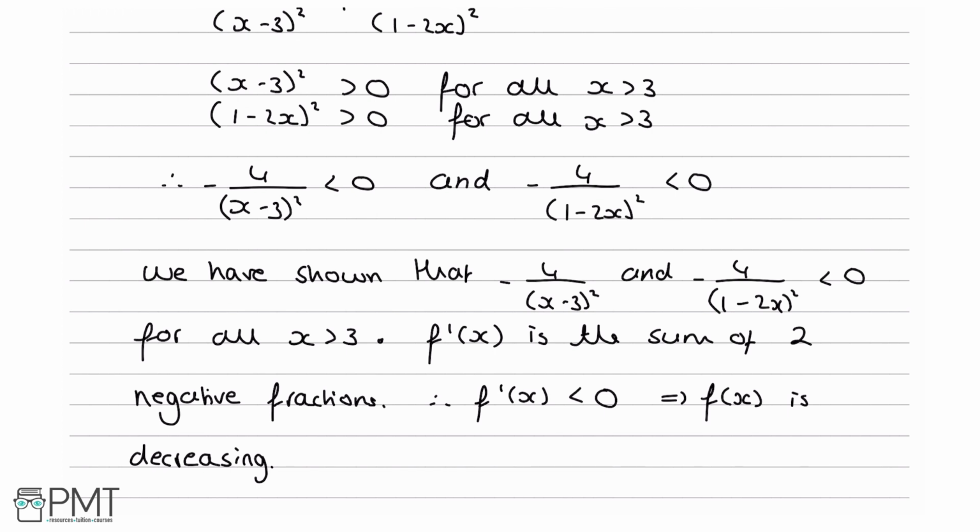That means explicitly stating that x minus 3 squared and 1 minus 2x squared are both greater than 0, and since the derivative of f(x) is the sum of two negative fractions, it means the derivative of f(x) is also always going to be less than 0, and using that to imply that f(x) is decreasing. So using the definition of a decreasing function in relation to its derivative gets us our third and final mark for this question.